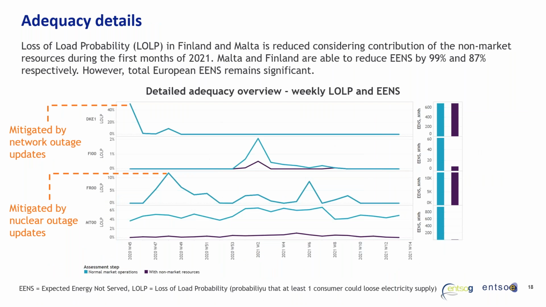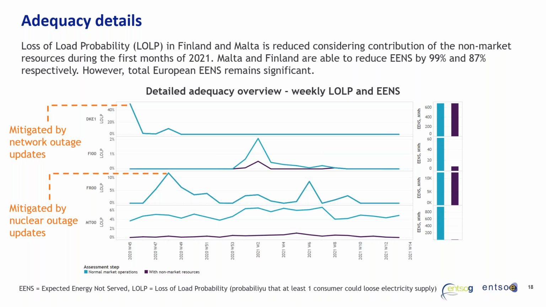From that adequacy overview, in this slide you can see some more information about how the risk evolves throughout the season. Maybe I will just start briefly from the top. In the graph, you see the loss of load probability metric displayed, which indicates the probability that there might be a scarcity.